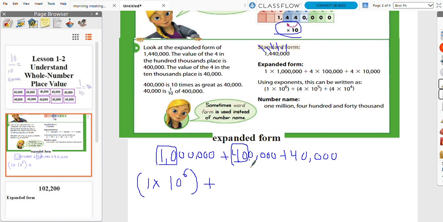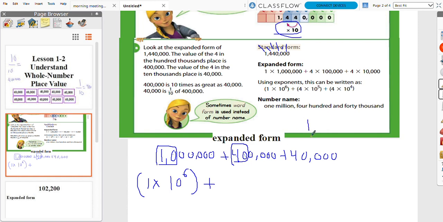if this place value here is 1, 2, 3, 4, 5, 6. That's 6 spots. That's the 100,000s place. 10 to what equals 100,000? So I know it would be 10 to the 5th, right?